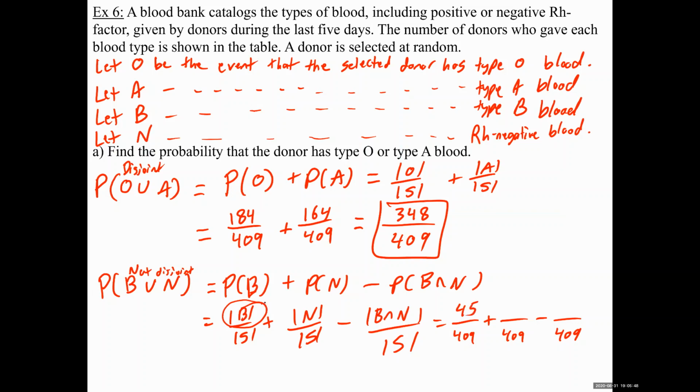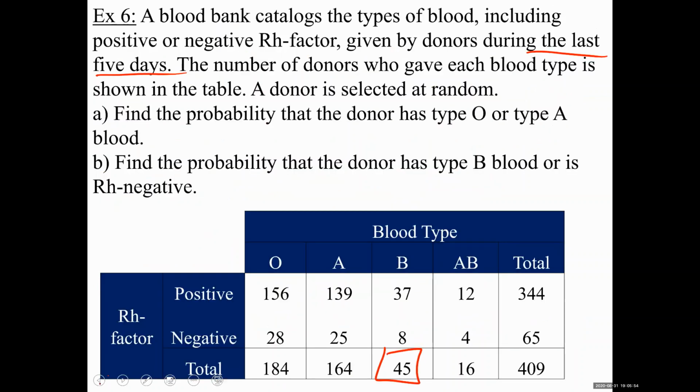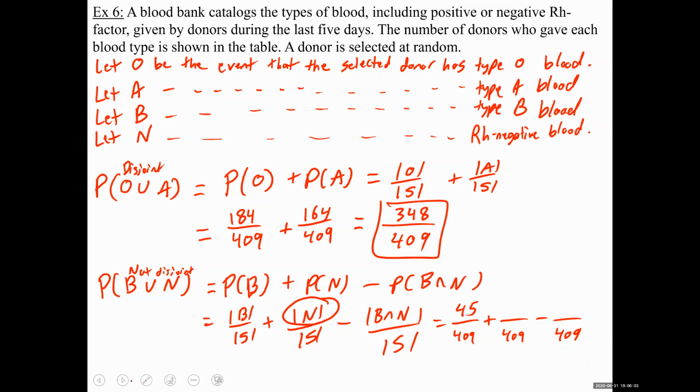Then I have to count the people who are RH negative. Let's go back to the table. RH negative. How many? 65. All right, 65. Then I have to count the people that are both, type B and RH negative. The and symbol is telling me how many people are both.